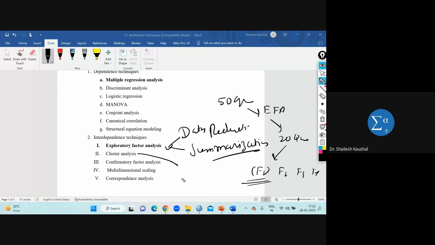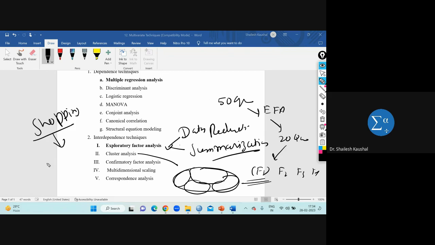Like in cluster analysis, we create many segments, many clusters: cluster 1, cluster 2, cluster 3, cluster 4. For example, in a shopping mall, all buyers are different, meaning heterogeneous buyers. Now we can club buyers of the same nature. Some people want to enjoy buying products, eating food and seeing a movie, so we can say enjoy-loving buyers.